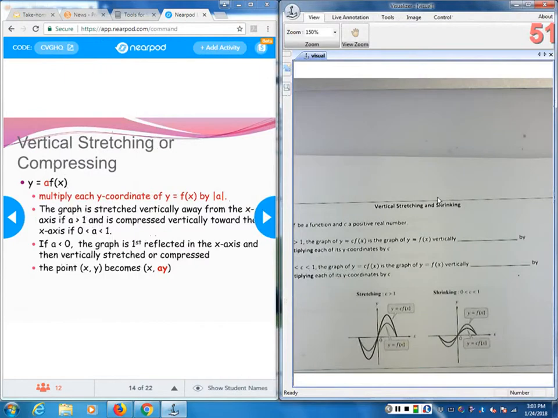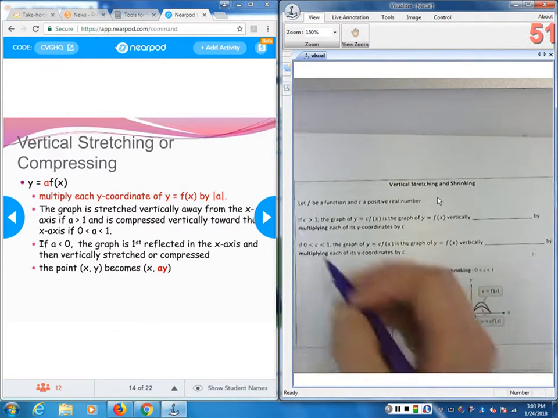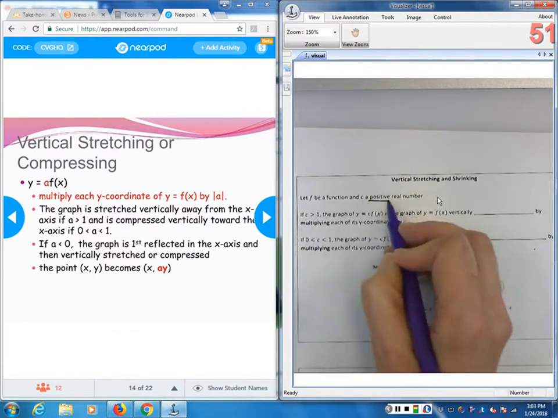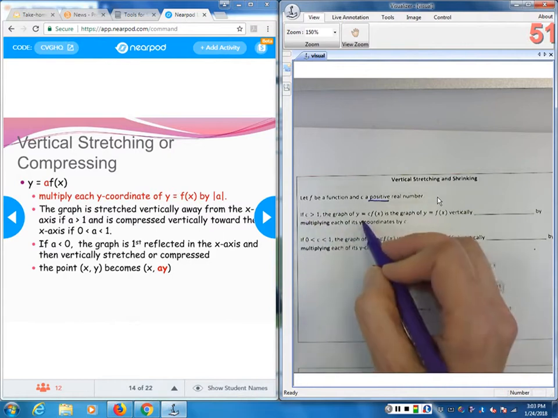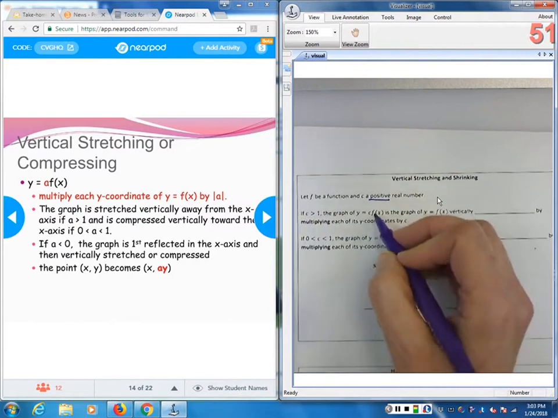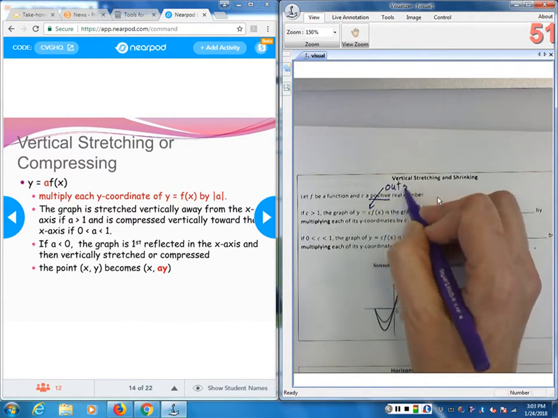Okay, so this is vertical stretching and shrinking. If we've got C, a positive real number, if C is greater than 1, the graph of y equals C times f of x, we're multiplying by C on the outside. Which one's it going to change?